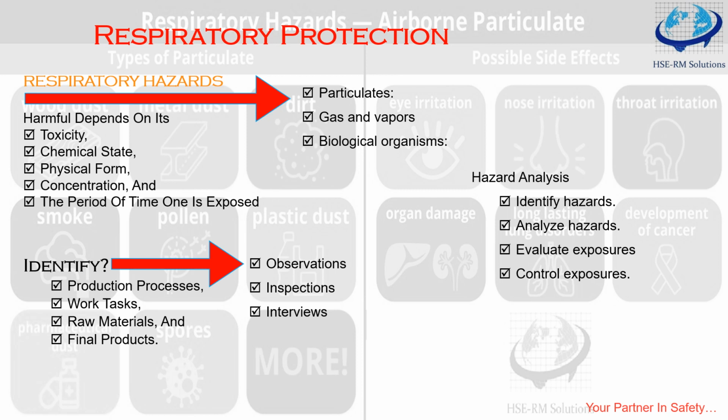Some are so small they cannot be seen, they cannot be seen even with an electron microscope. So the diameter of the particulate is usually measured in micrometers. 1 micrometer equals 1 by 1000 millimeters, correct?